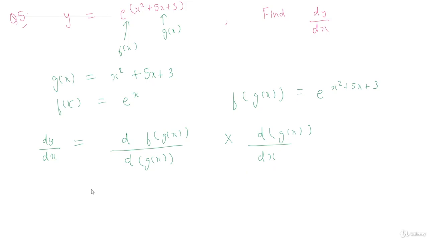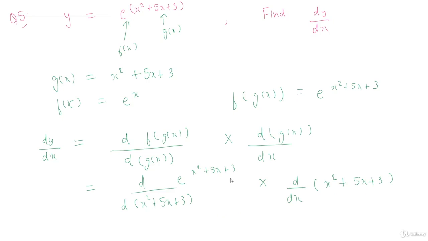Now let's substitute the values. g of x is x square plus 5x plus 3, and f of g of x is e raised to the power x square plus 5x plus 3, multiplied by d by dx of g of x, which is x square plus 5x plus 3. The second part is very simple, and the first part is a little trickier.